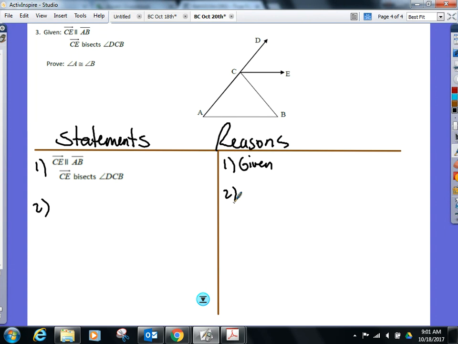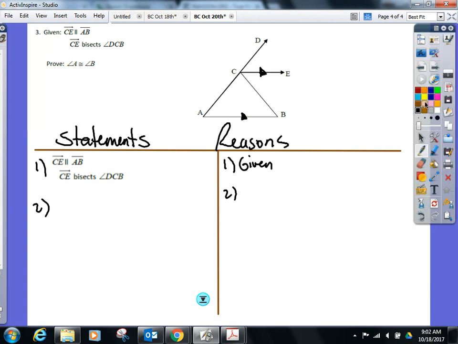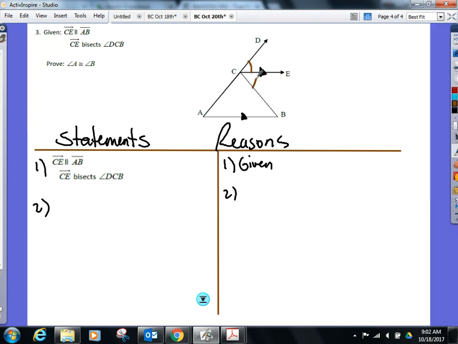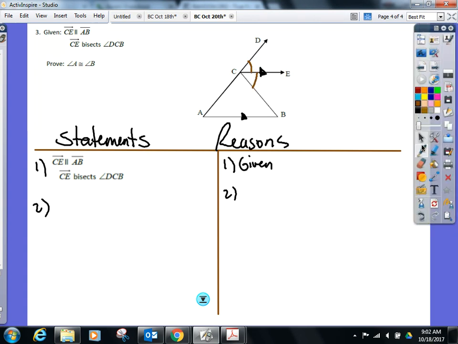Okay, so I have CE parallel to AB, and I have CE bisects DCB, and I'm going to ask the same question I usually do in class. How many angles are getting cut in half? Only one. So this is not halves of equal quantities, right? But I could still use the fact that CE bisects DCB to say that angle DCE is congruent to ECB.